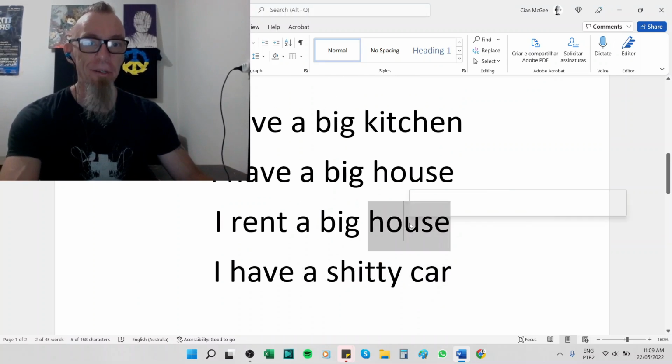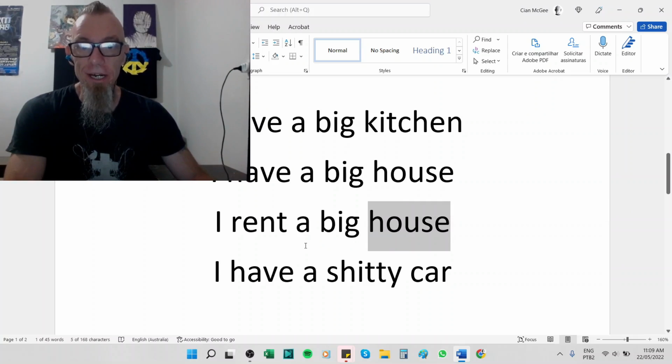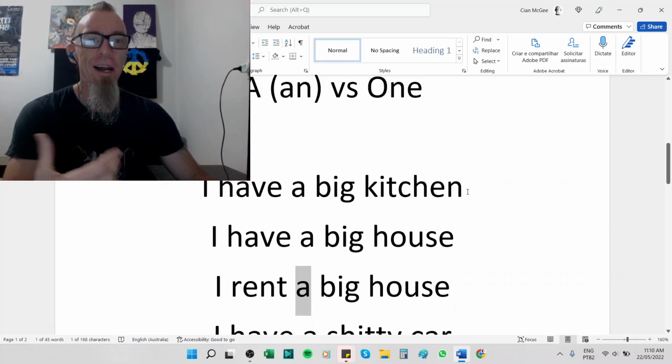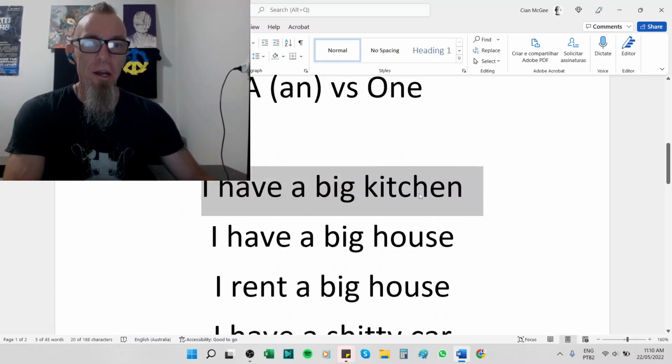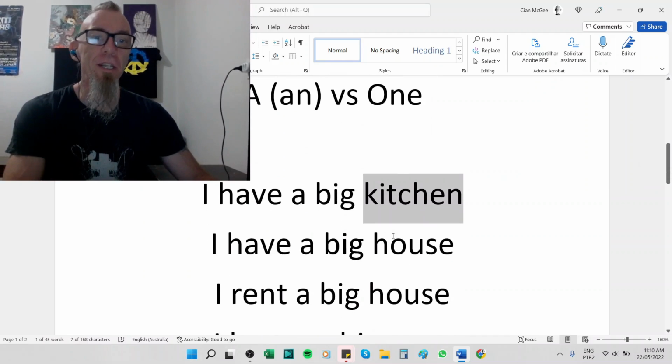The same thing with a house, you rent 1 house. So I'm not going to say I rent 1 big house and I rent 17 small houses. No, I rent a big house, or I have a big house. I have a big kitchen, because most houses have 1 kitchen. So this is one way we can look at it.